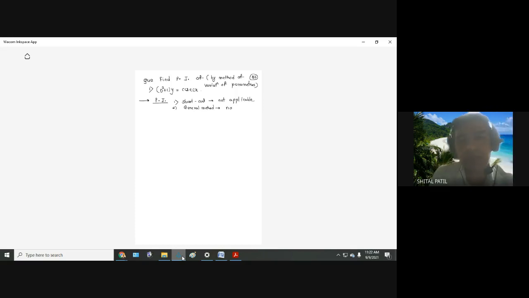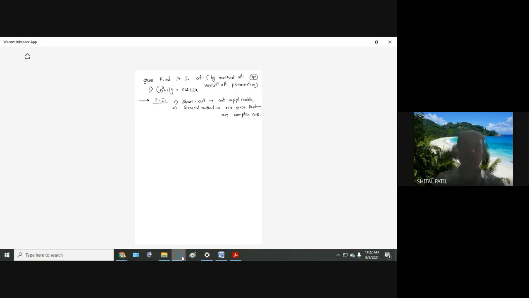No. Why can we not use the general method? Since the roots are complex numbers. And therefore we have only one alternative: we have to use the method of variation of parameter.